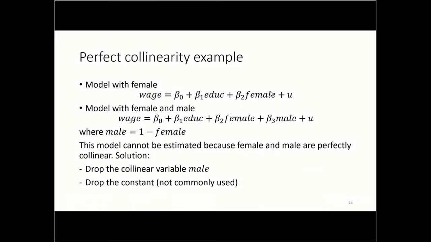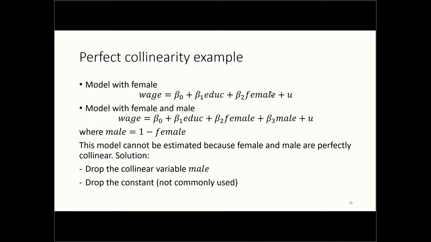Now, let me give you an example of perfect collinearity. This is when we have two independent variables that have a perfect relationship with each other. So here's a model where we have female, whether or not a person is female, included in the regression. So we have wage equals beta 0 plus beta 1 times education plus beta 2 times female plus u. So this female would be an indicator variable, a 0, 1 variable.